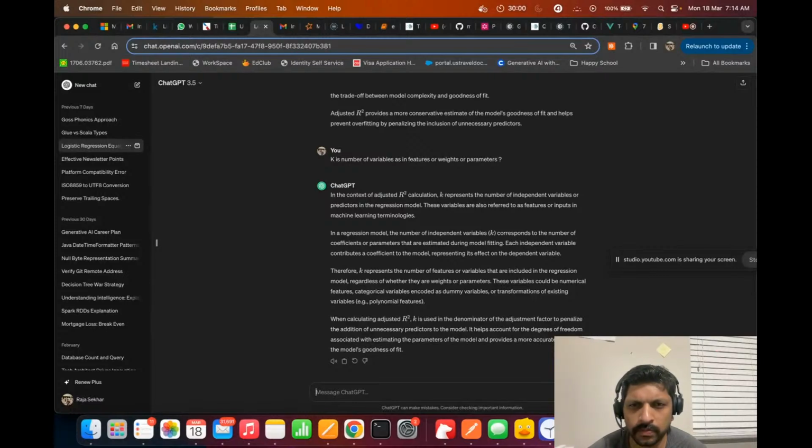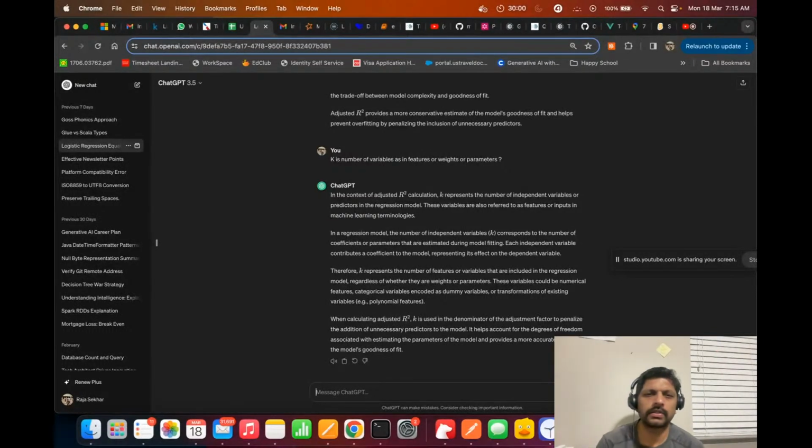Okay. Number of independent variables k corresponds to the number of coefficients in model fitting; each independent variable contributes a coefficient to the model. So he says number of variables and number of coefficients are all the same. Okay. k represents the number of features or variables that are included in the equation. These variables could be numerical features or categorical variables included as dummy variables, when calculating adjusted R square.